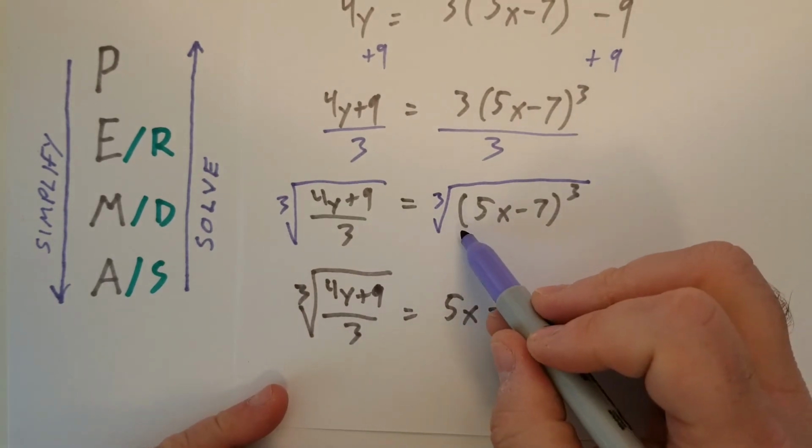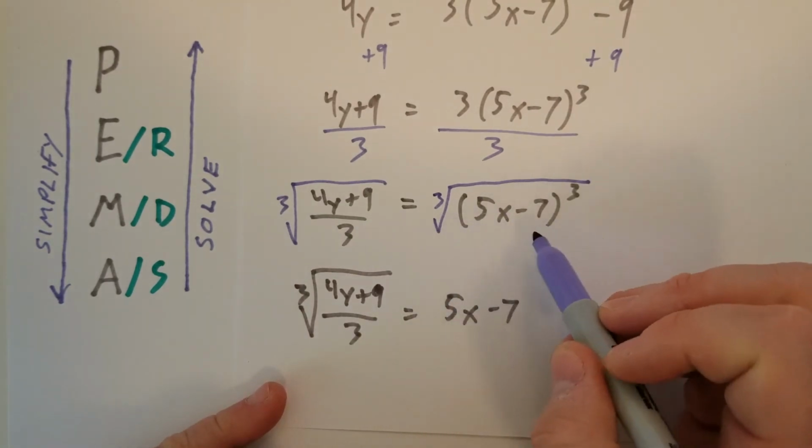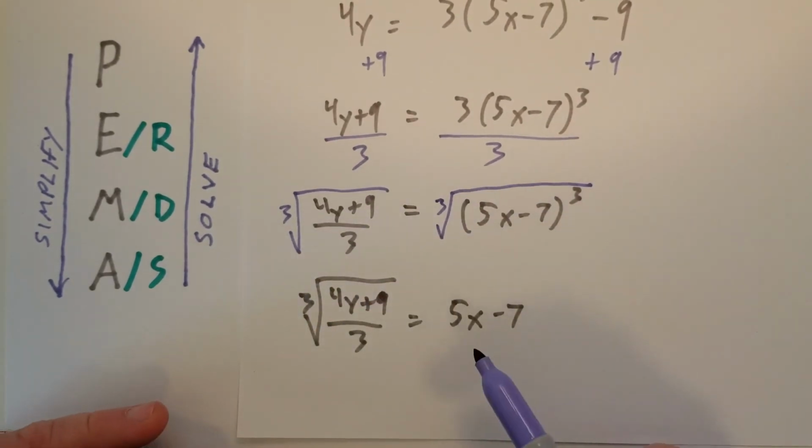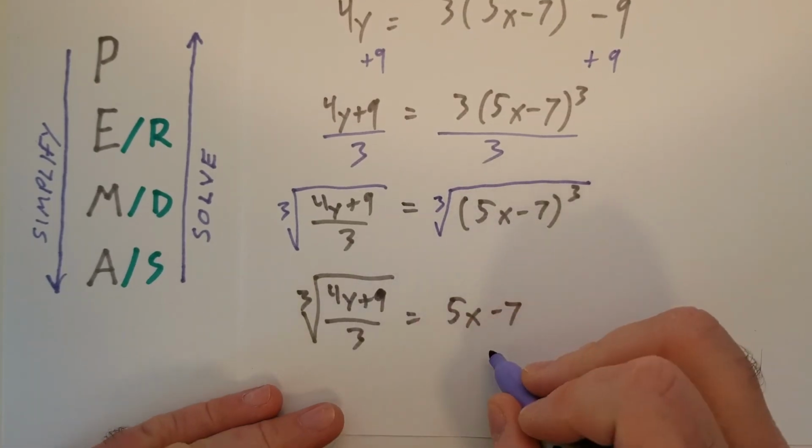We then opened up this bracket, or these parentheses, so we're starting at the bottom again. Is there any addition or subtraction to undo?